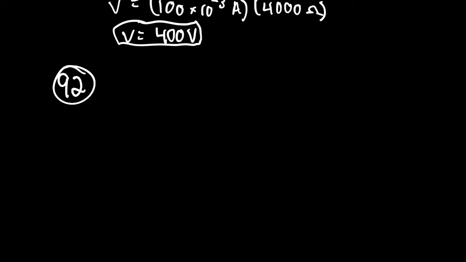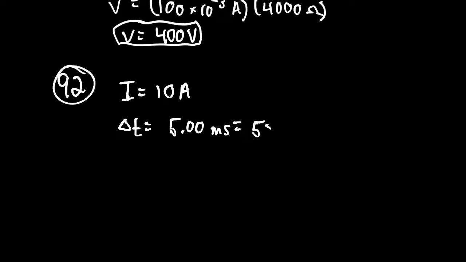A heart defibrillator passes 10 amps. I equals 10. Through a patient's torso for 5 milliseconds, in an attempt to restore normal beating.